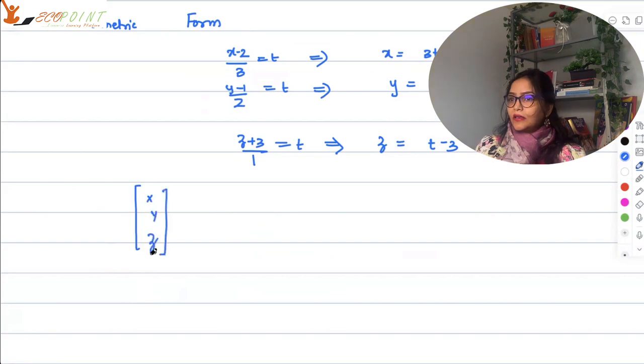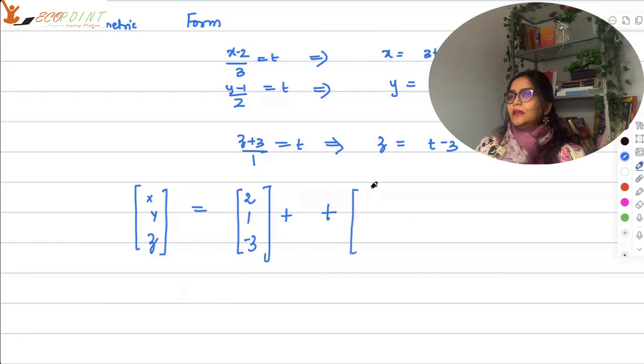The vector equation is (x, y, z) equals your constant (2, 1, minus 3) plus the parameter t times (3, 2, 1).